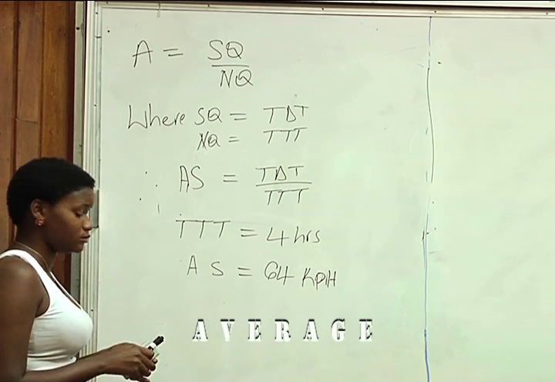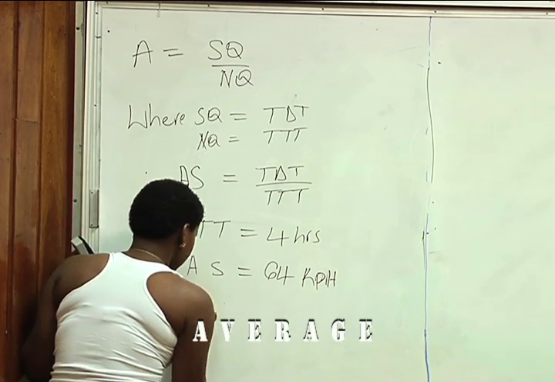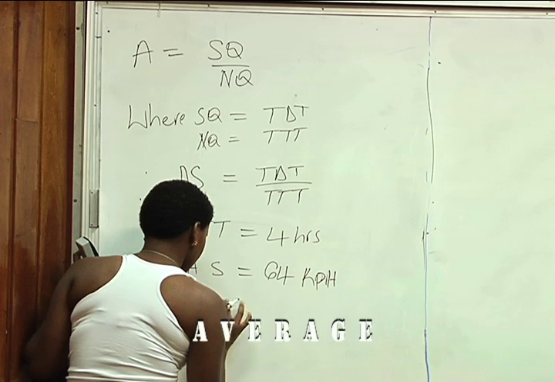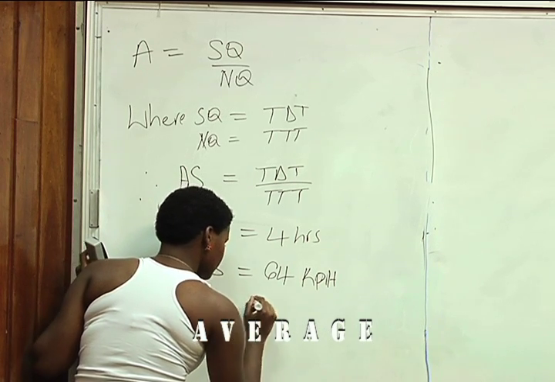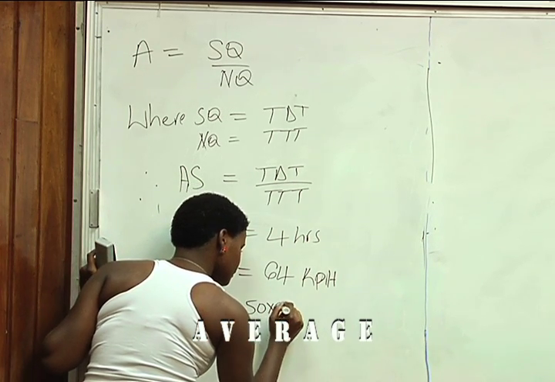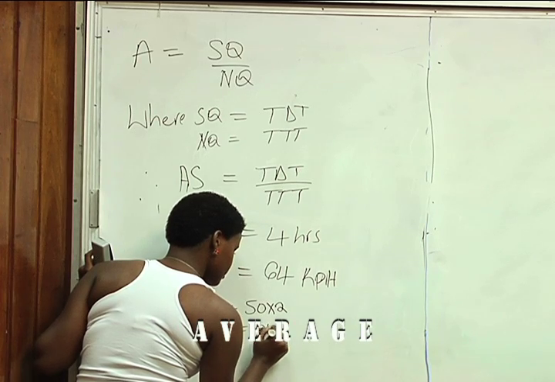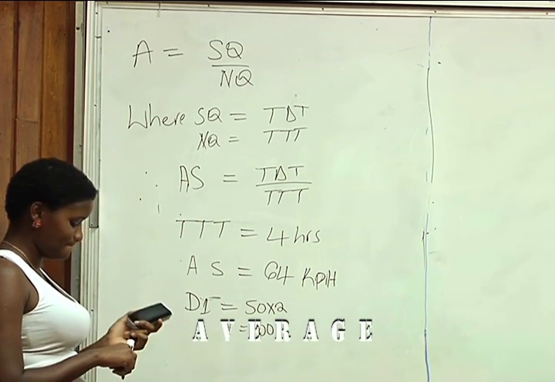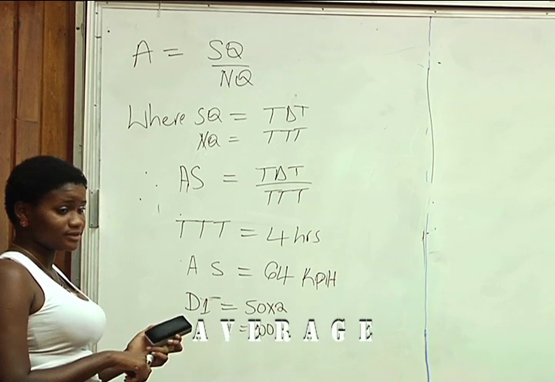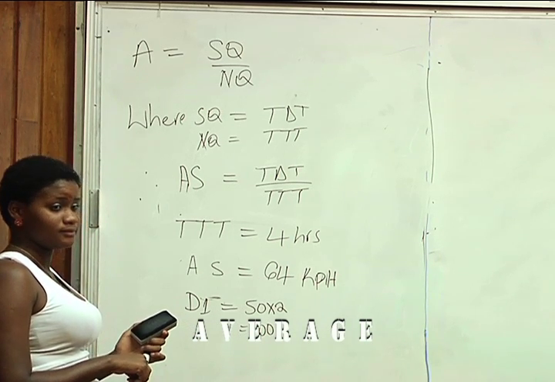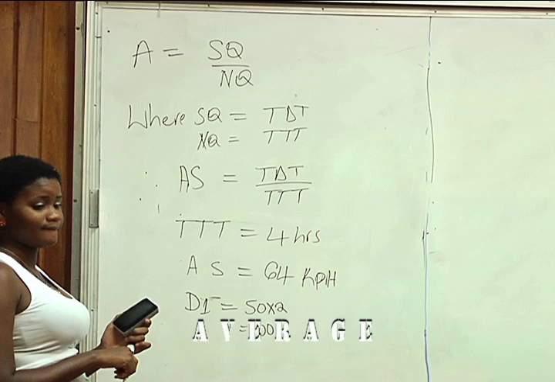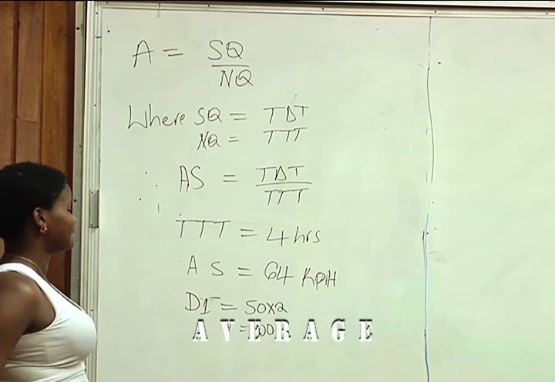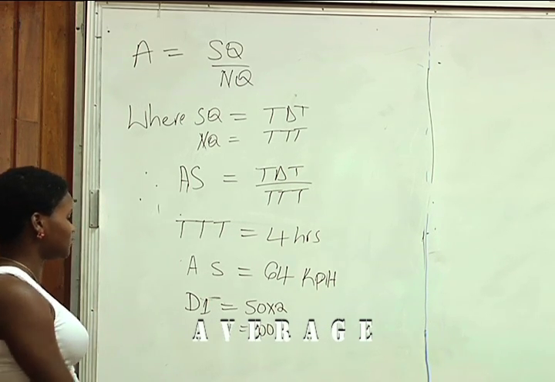So distance 1, D1, equals, because distance is equal to average speed times hours traveled, not true? The average speed is 50 and the hours traveled is 2. Alright, cool. Now, distance 2.